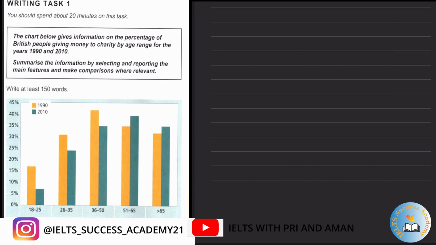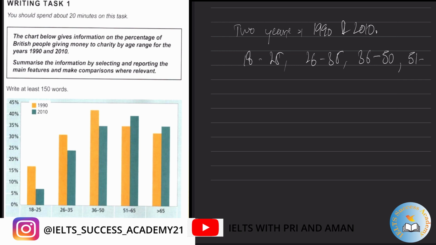Okay, so this talks about 2 years, which are 1990 and 2010. Secondly, it has 5 age groups: 18 to 25, 26 to 35, 36 to 50, 51 to 65, and greater than 65.